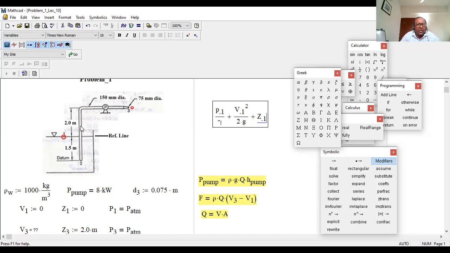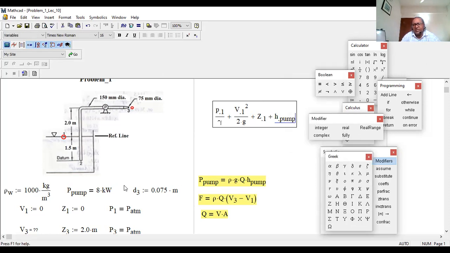Then fluid going with this energy coming right over here, it is absorbing energy from the pump, or the pump is giving some energy to the fluid. So total energy right over here includes the pump head. Then it is heading toward point 3.